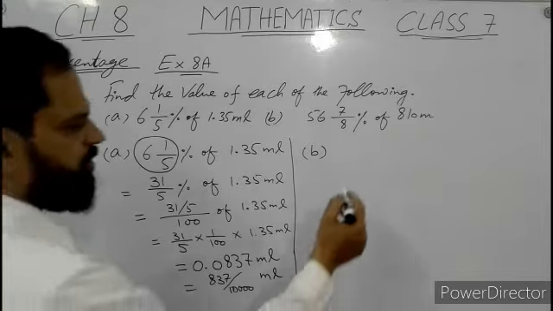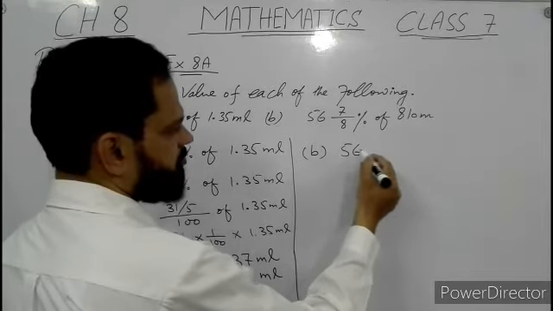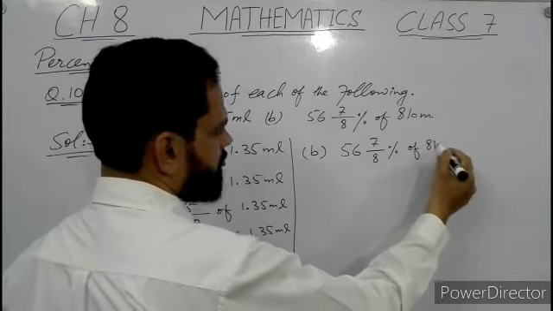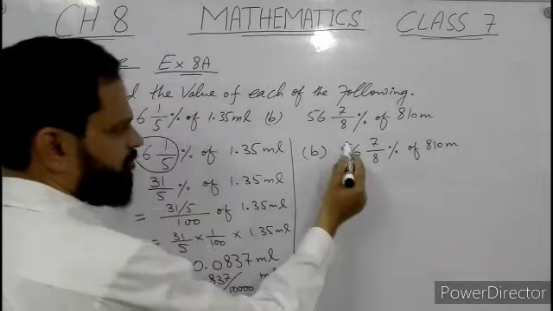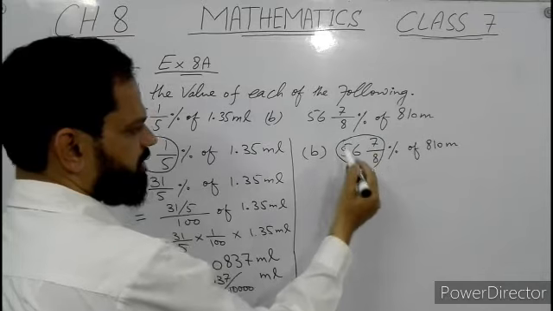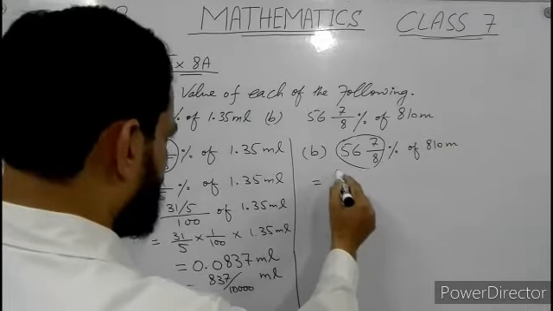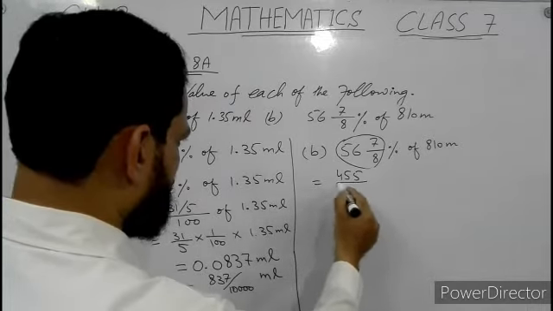In B part we have to find So firstly again convert it into an improper fraction or decimal form. 455 over 8.